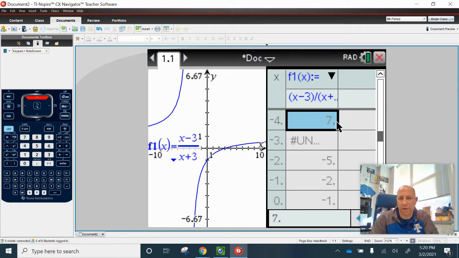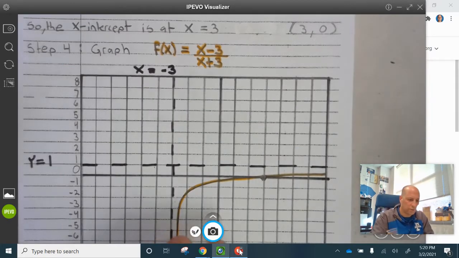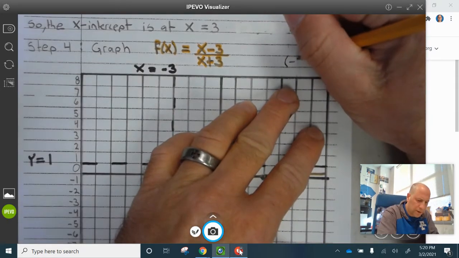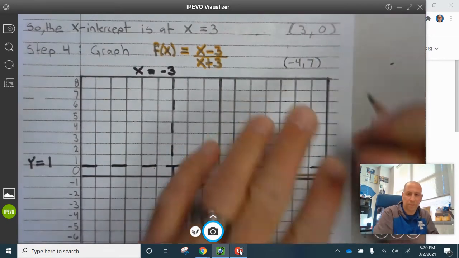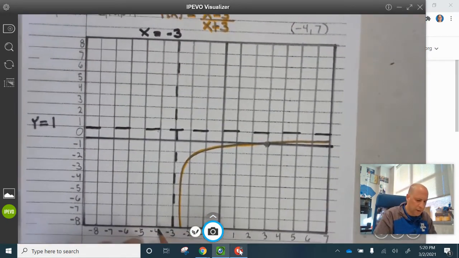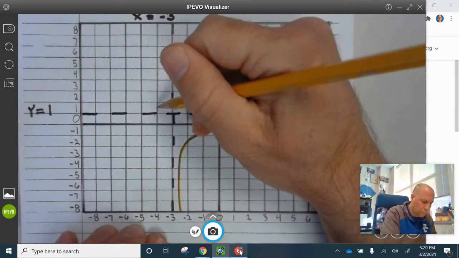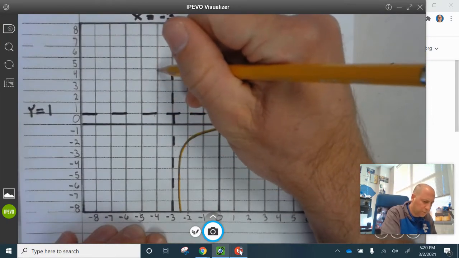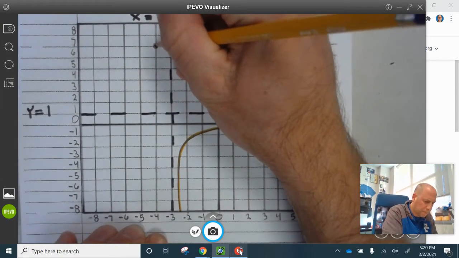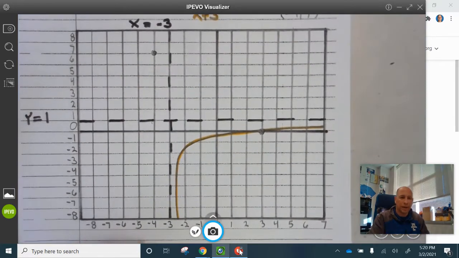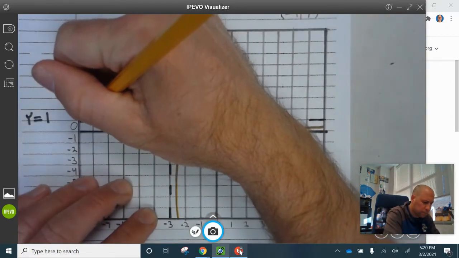Honestly, negative 4, 7 is perfect. Let's graph that point. So negative 4, up 1, 2, 3, 4, 5, 6, 7. That tells us our curve is right here.